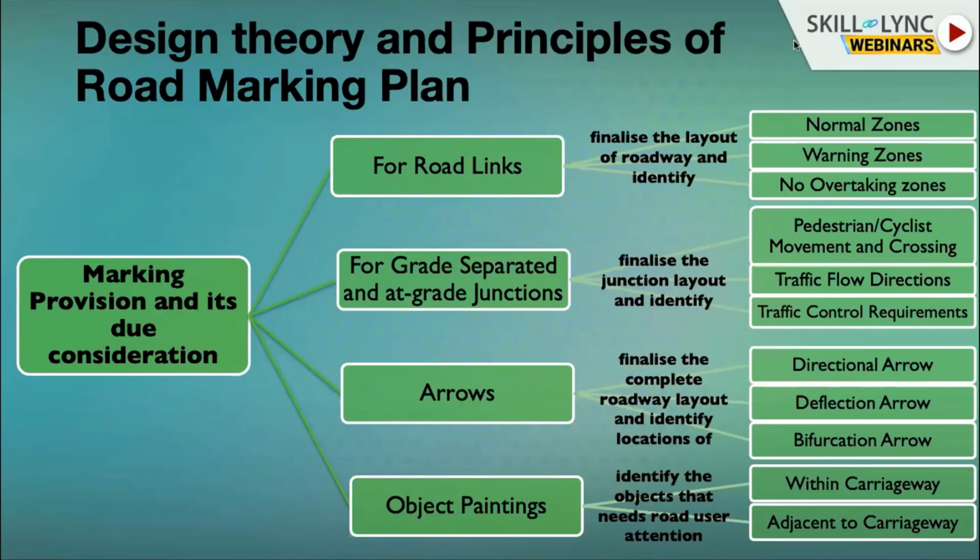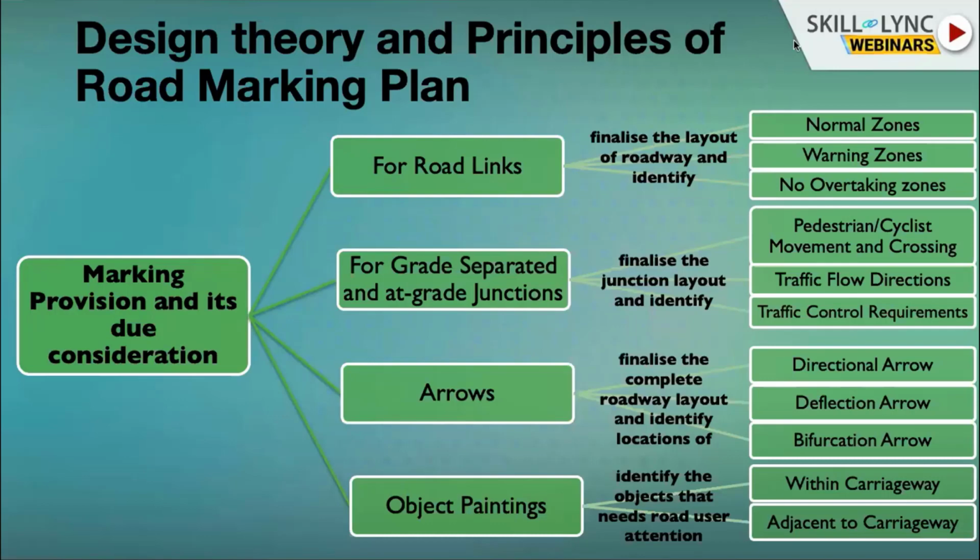For example, a stretch has to be identified as a road link. Road link is nothing but a stretch of the road which is uninterrupted by any major junctions, and there we need to identify which are the normal zones, which are the warning zones, and which are the non-overtaking zones. And then we provide all the markings as per the requirement of the zone.